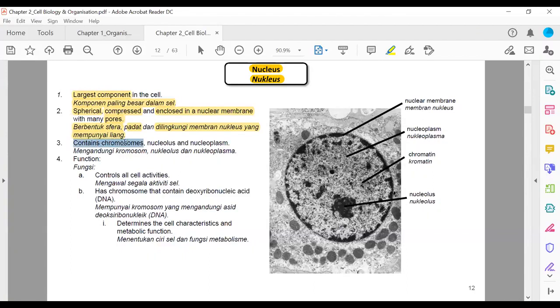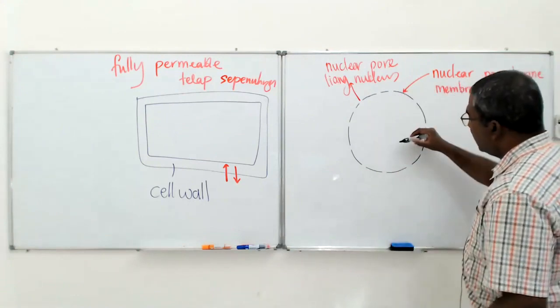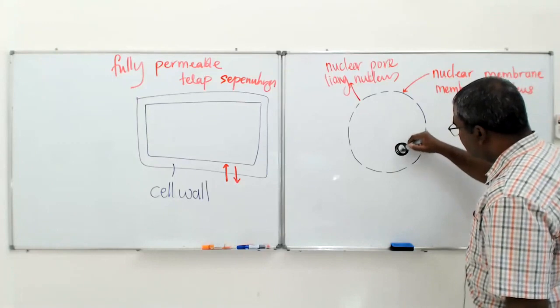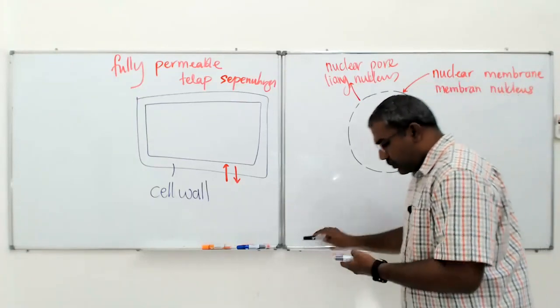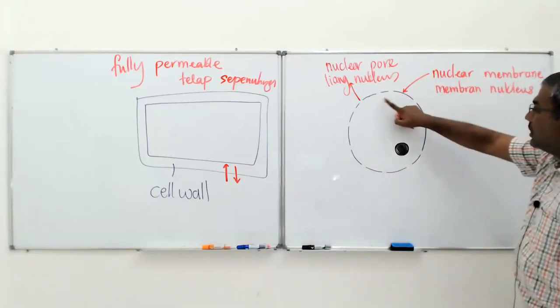Contains chromosomes, nucleolus, and nucleoplasm. So, mengandungi kromosom, nucleolus, and nukleoplasma. Right. So, this is the nuclear membrane, membran nukleus.